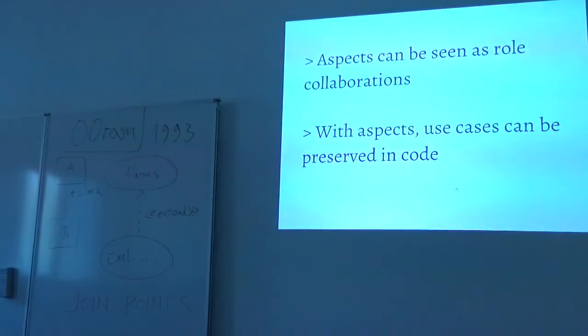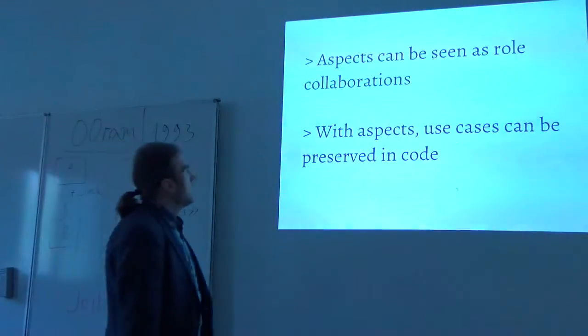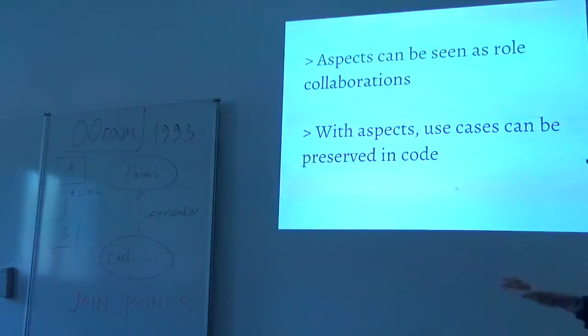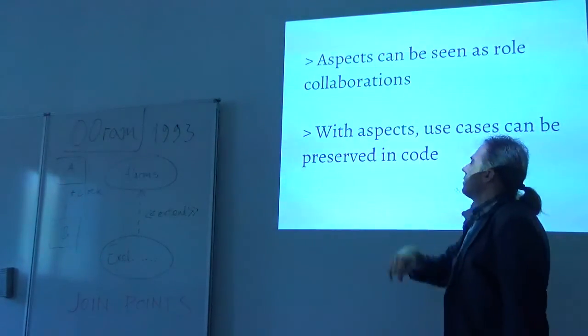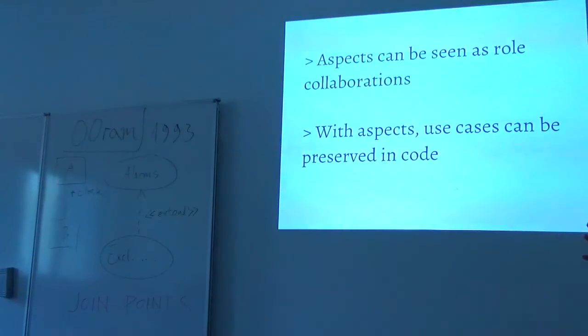So one of the things that we observed in this analysis of how use cases and the theme approach and some kind of object-oriented role analysis by Trigger and Scout are related, is that aspects can be seen as role collaborations, role interactions, or whatever you call it. But when we use this expression collaborations, we can also relate this to the exact UML element that we use to express this.